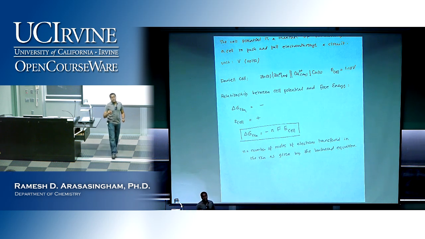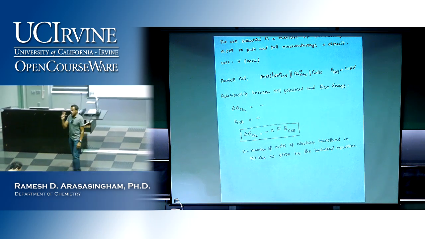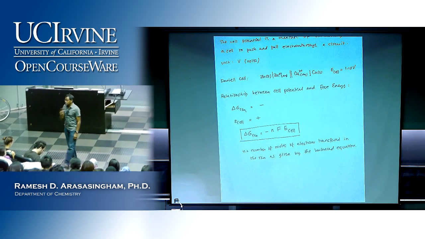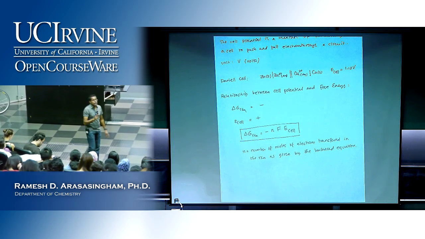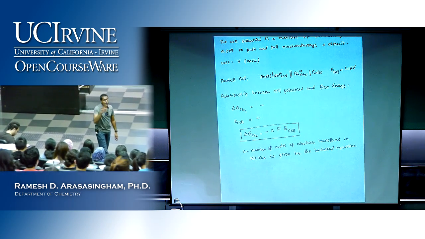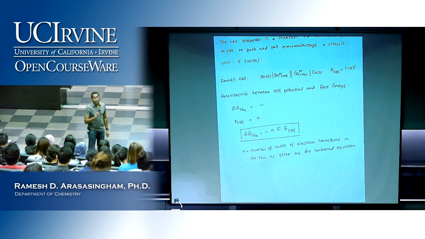So if you take the Daniell cell, we know there are 2 moles of electrons in the balanced equation. For every mole of zinc and every mole of copper involved in that reaction, you have 2 moles of electrons being transferred. And therefore, n would be 2. So it refers to the number of electrons being transferred as given by the balanced equation.